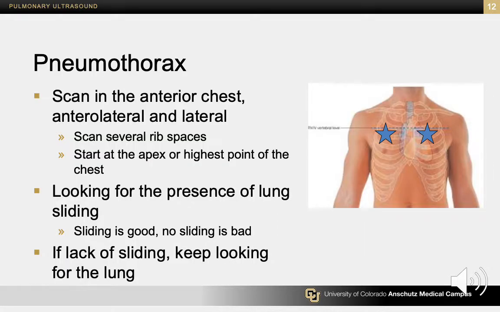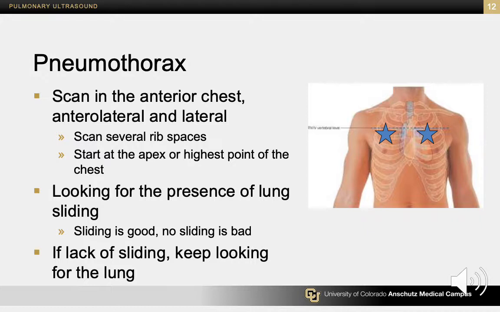Okay, moving on to pneumothorax. So primarily you're going to start scanning up here, anterior chest, at the apex of the chest, at the highest point, and you're going to want to scan several rib spaces. The convention is to start somewhere here, second intercostal, something like that, mid-clavicular line.